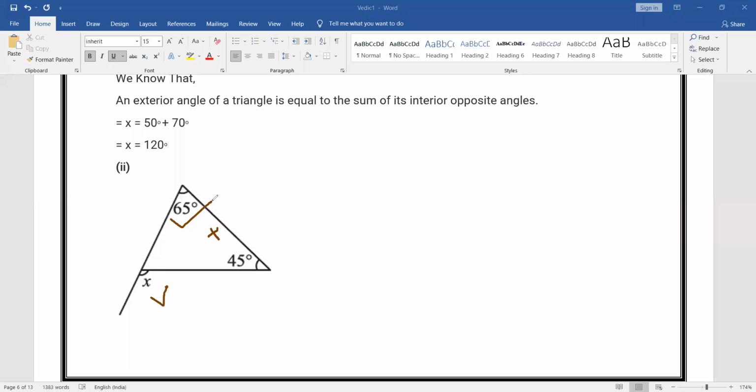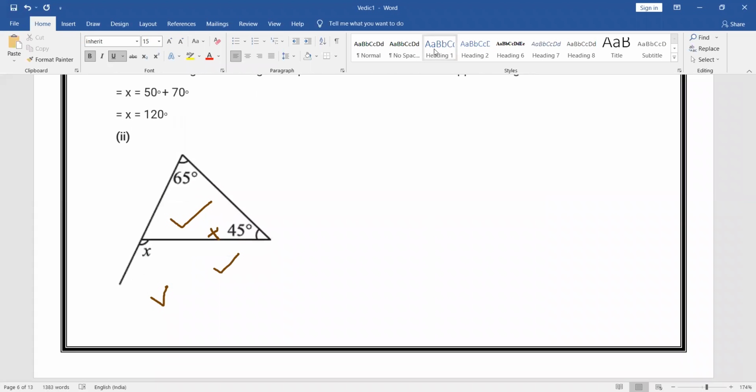When we add 65 and 45, we can find our answer. In the same way you can find the answer for each and every question given in the first part.